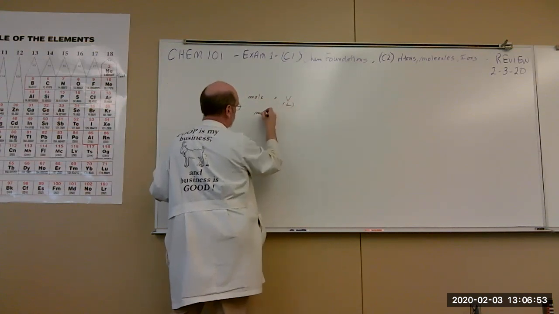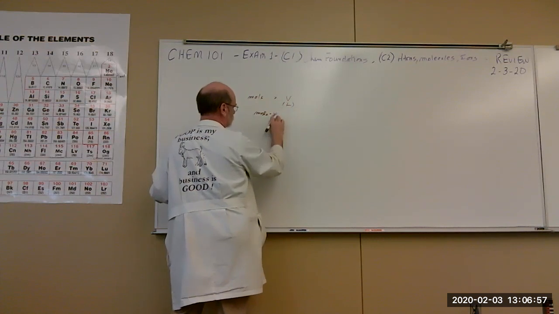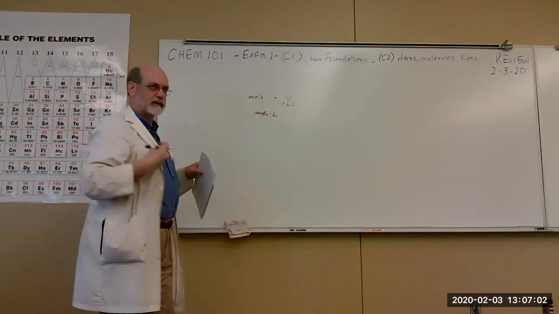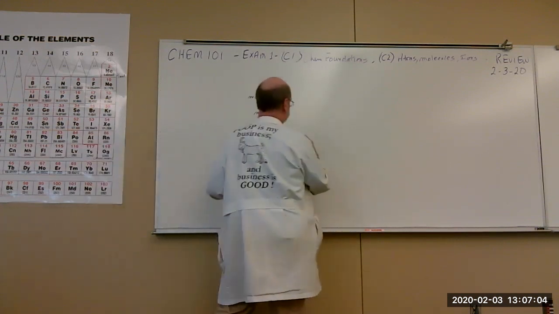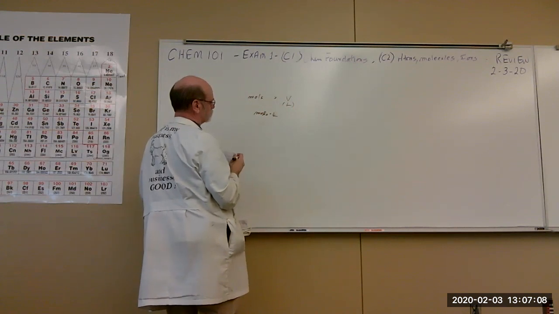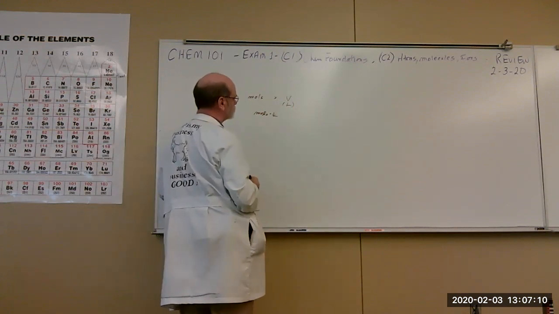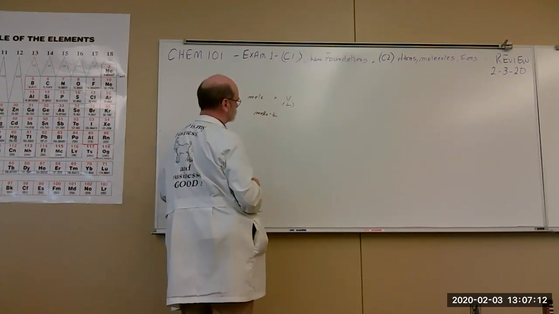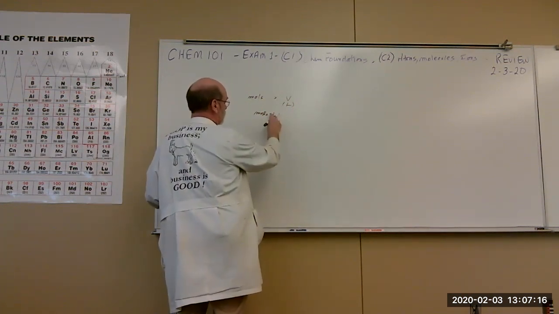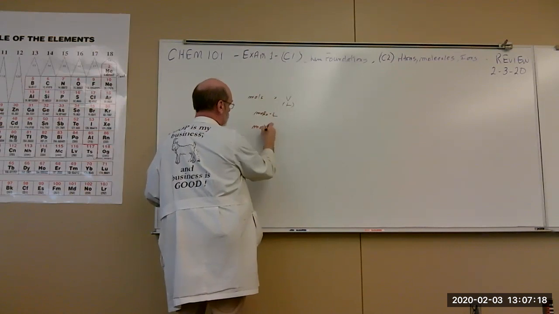Okay, that would be moles per liter. That would be your units divided. So if you're having two different measurements like moles and liters, if you multiply them or divide them, it's a different composite.